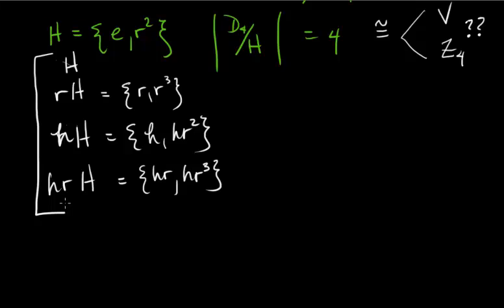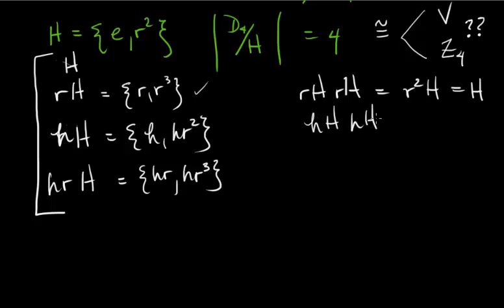And I'm just going to see if when we square them, we get the identity. If we take RH, using our definition of star, I didn't write star there, we have R squared H, which is equal to H. So this one has order 2. Let's take HH.